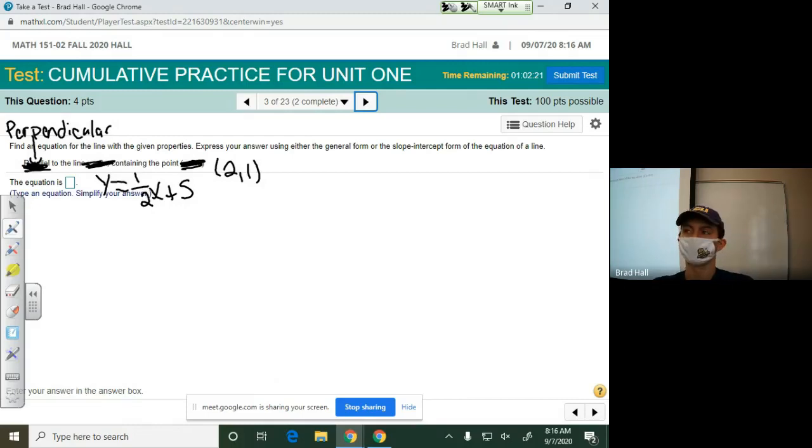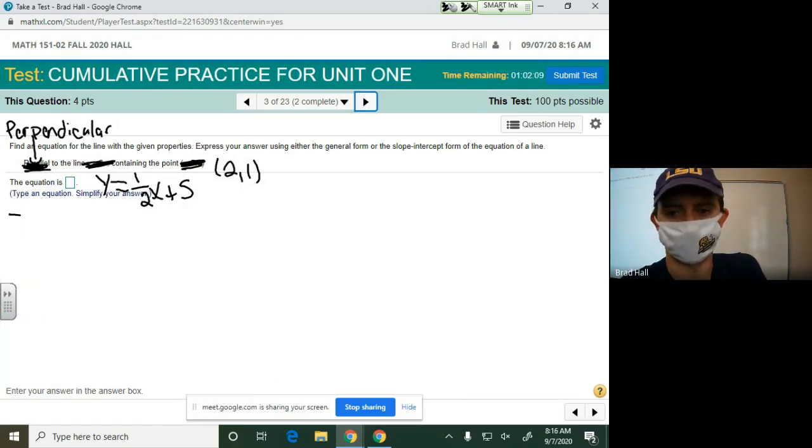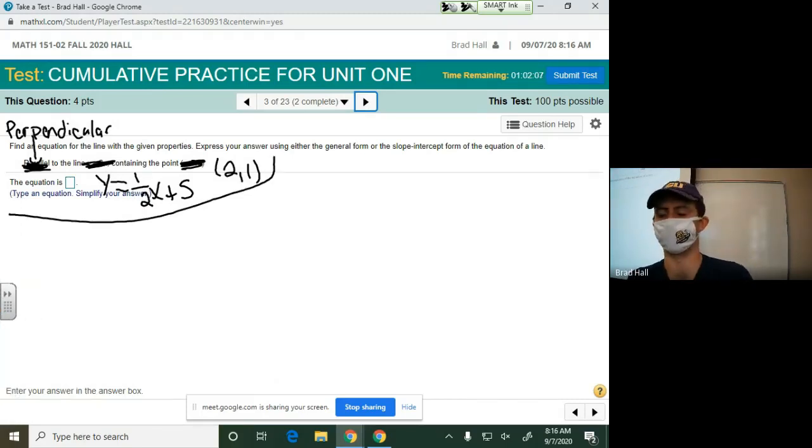Because in the notes, I did not do a problem of this degree. So I'm just changing the problem to something a little bit more helpful. So perpendicular to a line y is equal to 1/2 x plus 5, and it crosses through the point 2, 1.